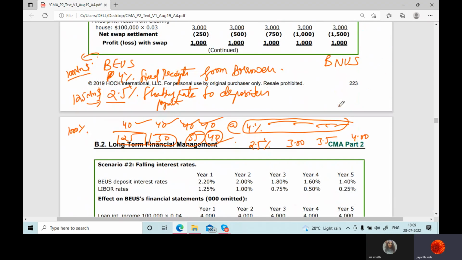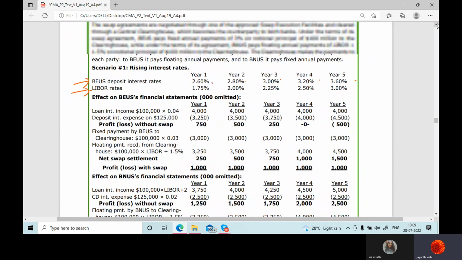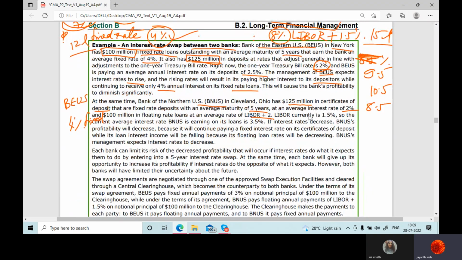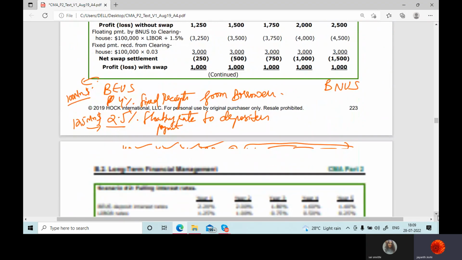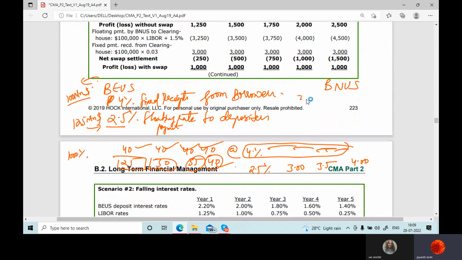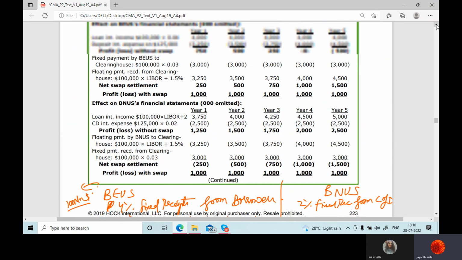Paying how much? Average interest of 2%. So they are getting 2% interest on their investment, fixed receipts from certificates of deposit. So you see here they are getting fixed of this much and floating is also there.